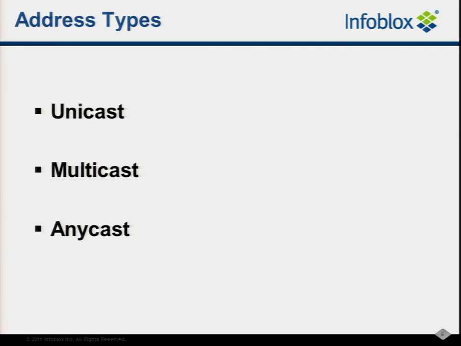This is where you inject a specific host route into your routing infrastructure, but you have multiple physical boxes that all will respond to that address. That's how a lot of the CDNs work. That's how most of the root servers and TLD servers work, so that you can have somebody that's topologically close to you in the network with the same IP address, but have multiple hosts. v6 works just the same.